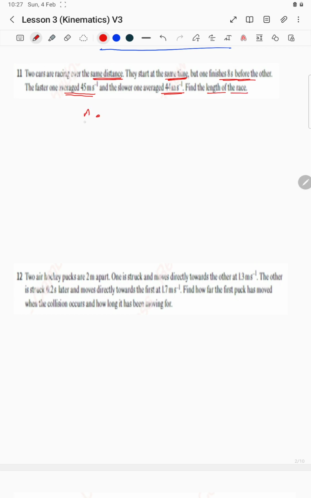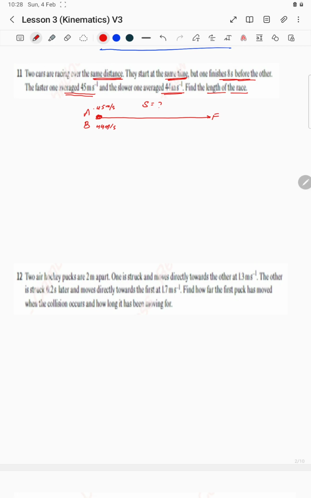Okay, from here A and B, they are having a race like this. They need to reach this point. The distance is same, and the start time is the same. We are looking for this distance with speed. Here A is 45 meter per second and B is 44 meter per second.